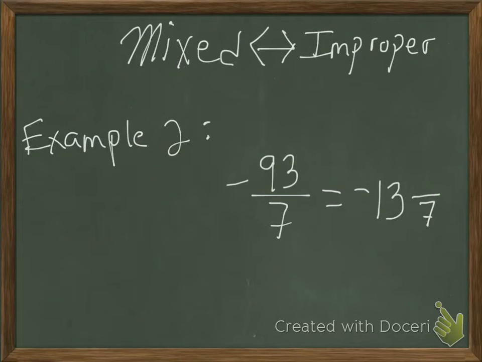I know there's sevenths on the bottom, so 7 times 13 gave me 91. So how many more do I need to get to 93? Well, I know I need 2 more. I double check it. 7 times 13 is 91, plus 2 is 93. Check, it works. So the answer is negative 13 and 2 sevenths.